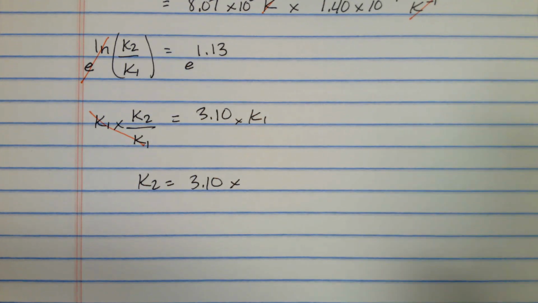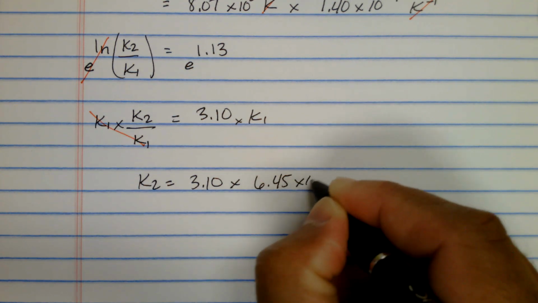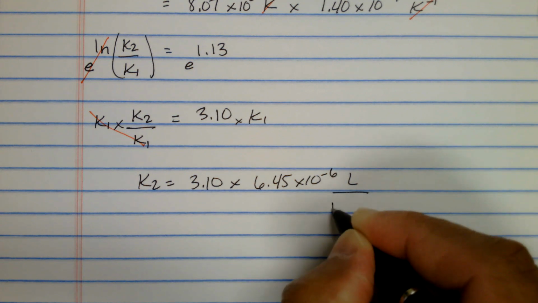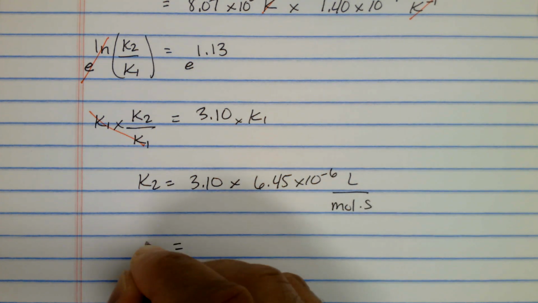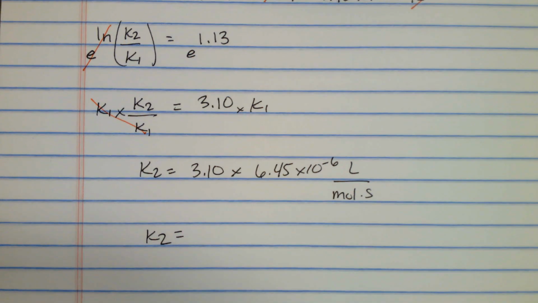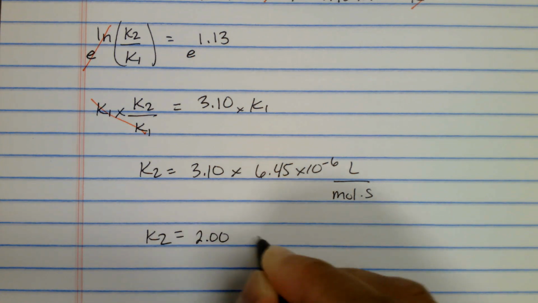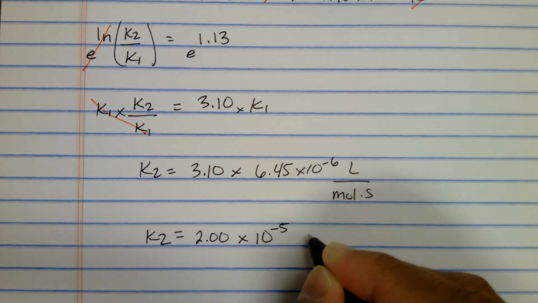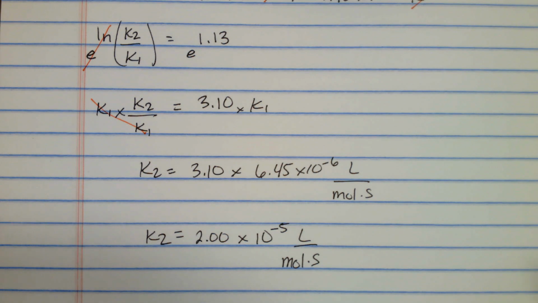So I'll write that here. You can see that's where we're going to get our units from. And when we plug this in, I'll go to 3 significant figures, 2.00 times 10 raised to the minus 5 liter per mole second.